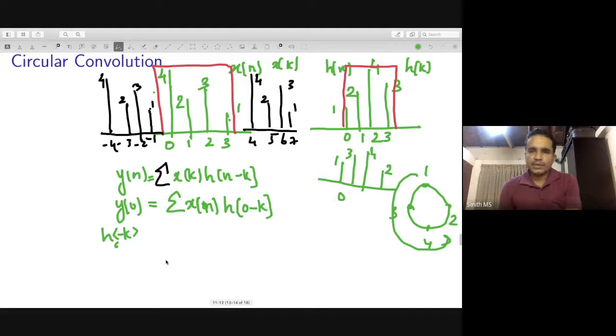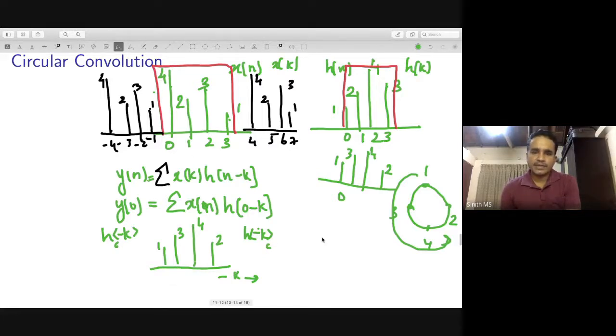If you do the circular time reversal, what you get is 1, 3, 4, 2. This is h[minus k], the circular time-reversed version.